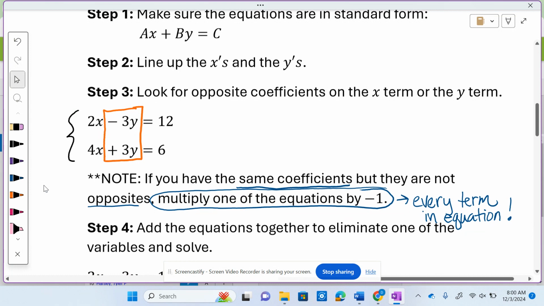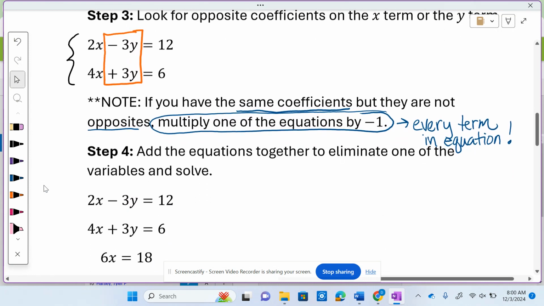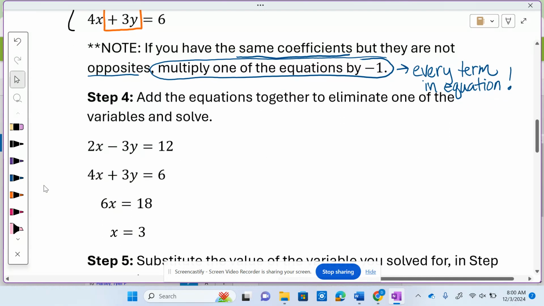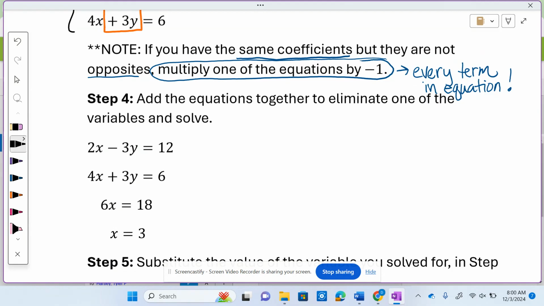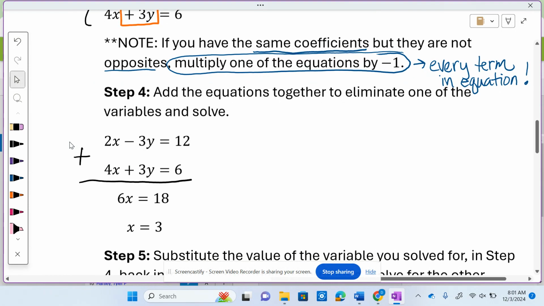So when you're using elimination, the next step is that you add those equations together, and you essentially are going to eliminate one of the variables. So this is what it looks like. I'm going to put a bar under here. We are adding these two equations together. So I want you to make sure you write that down so you know what the process is.